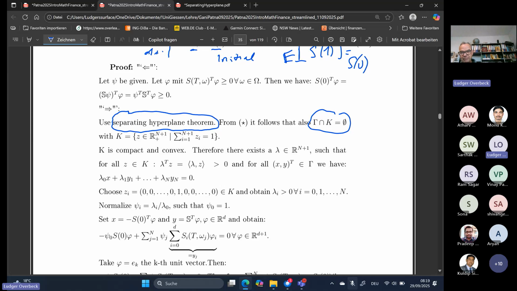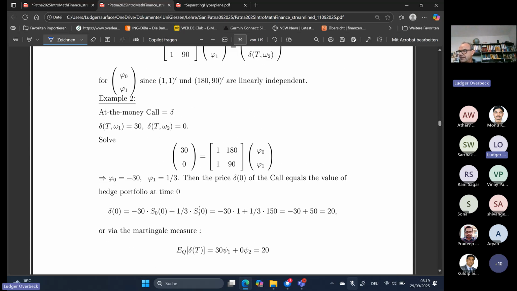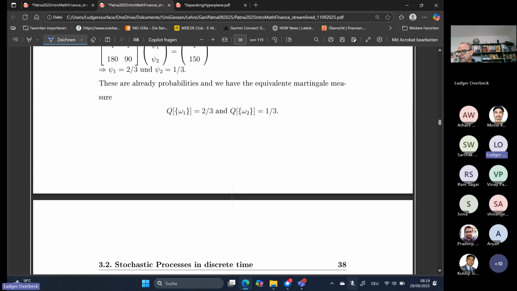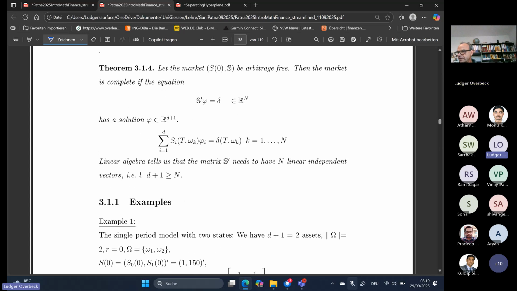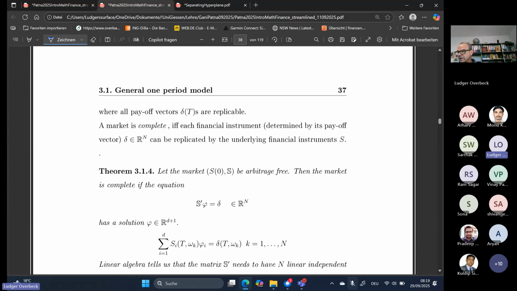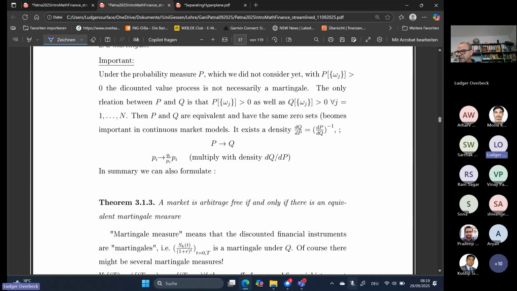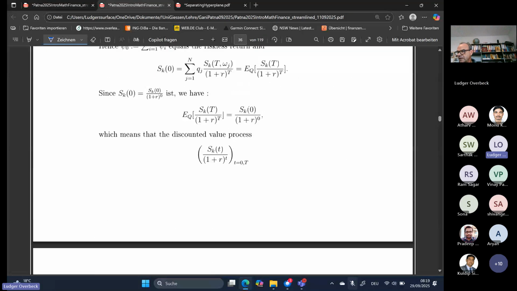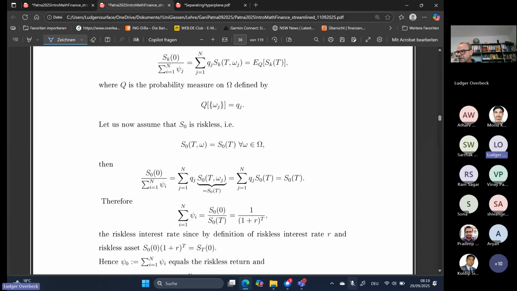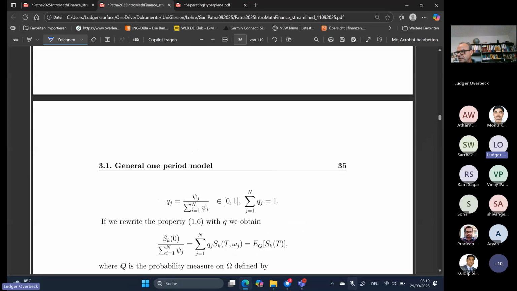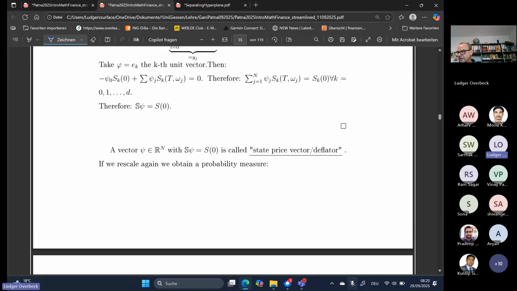Okay, this is a basic step. You construct the state vector, which we have done yesterday. And from the state vector you get this lambda, and then you get this psi.